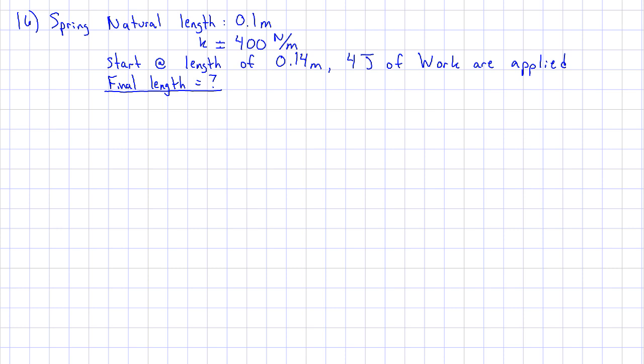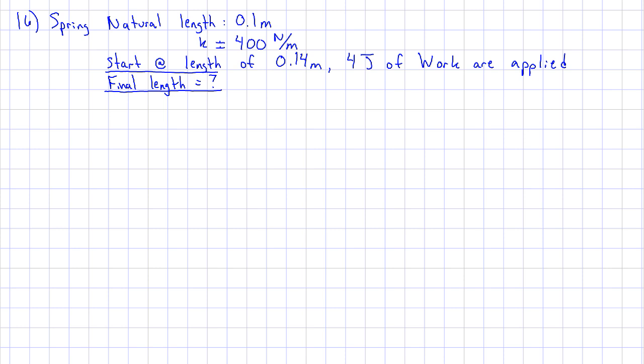When you're given the amount of work at the beginning of the problem, you know you're going to have to set up an integral and solve for one of the two limits of integration. In this instance, because it gives us this starting length, we know it will be the upper limit of integration that we're solving for. But let's go ahead and plug everything in.